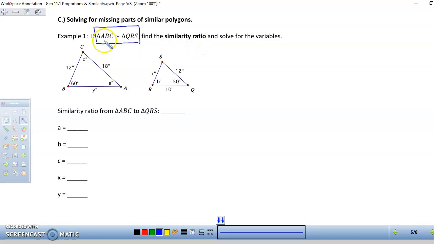So I see AC here is 18, and then QS has 12. So those two both have numbers on them, so I know it's going to be 18 to 12 from the big triangle to the small triangle, because that's what this is. Okay, but again, we generally reduce it first of all, but we also write it as a fraction. So this is going to be 3 to 2.